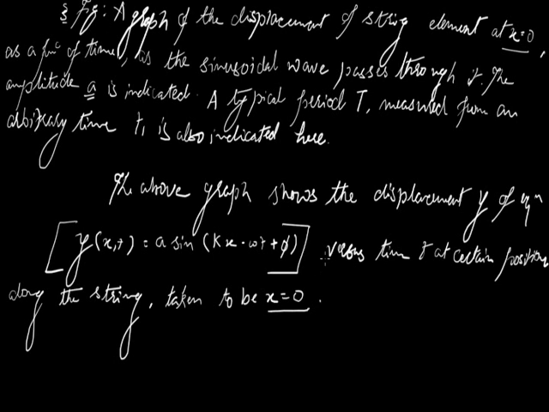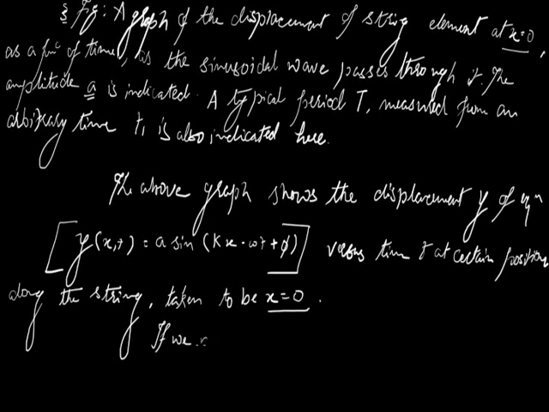Now if you monitor the string, you would see that the element of the string at that position moves up and down in simple harmonic motion, and that will be given by the above equation by putting x equals 0.